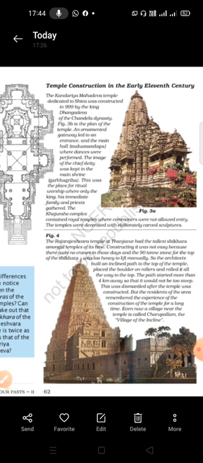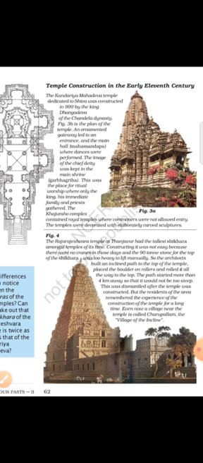This was the place for rituals and worship, where only the king and his immediate family could worship. The Khajuraho complex contained royal temples where commoners were not allowed entry. The temples were decorated with elaborately carved sculptures.